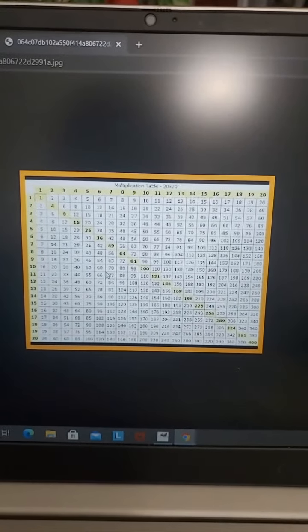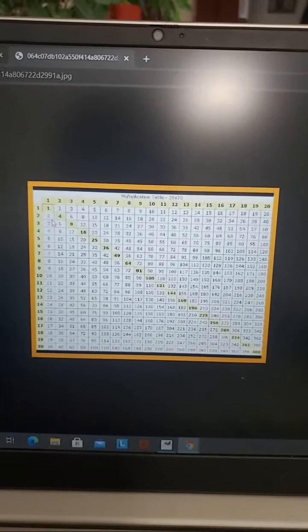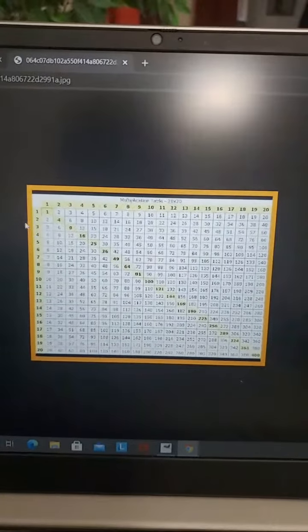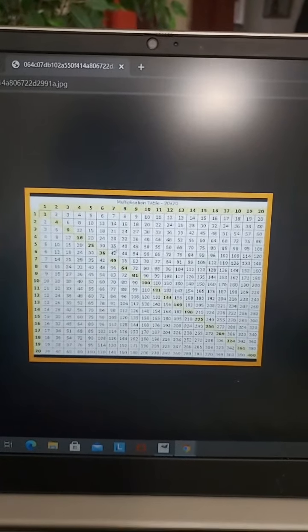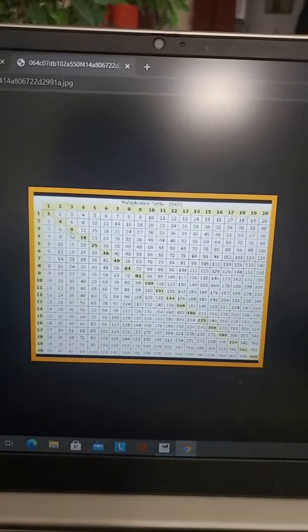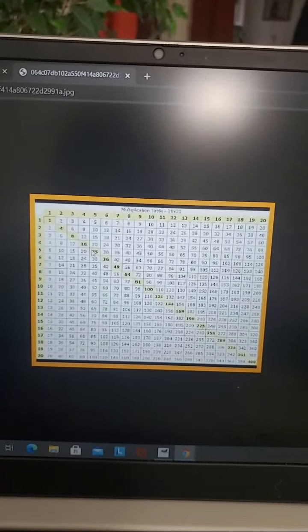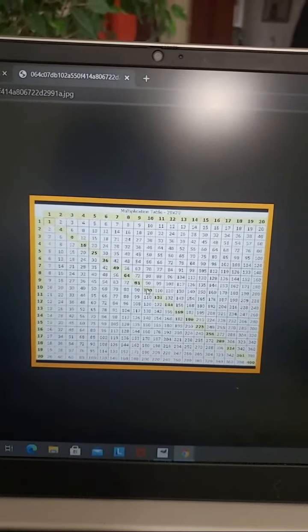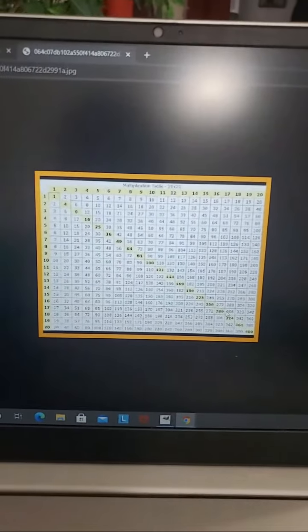These are all composites, they're not prime, excluding the ones column and row. Other than that, everything here is not prime. And now you can think of every square as the starting point for a new series.